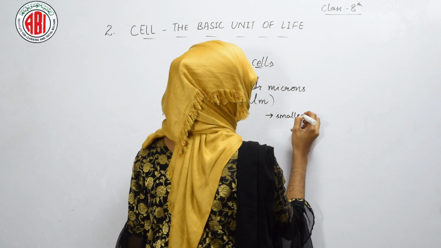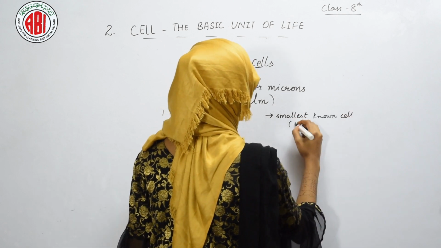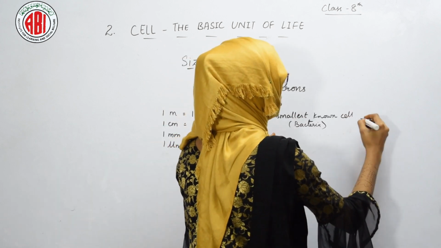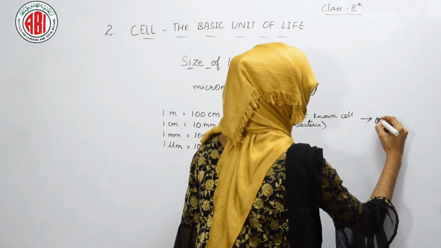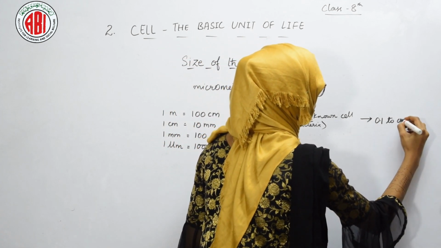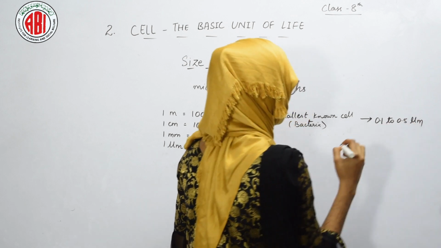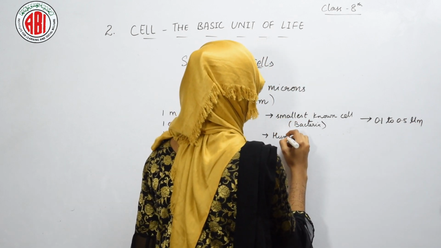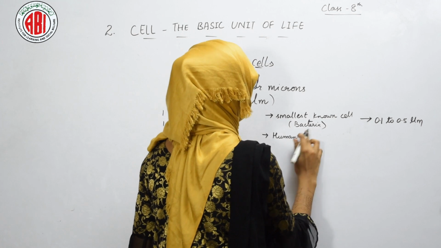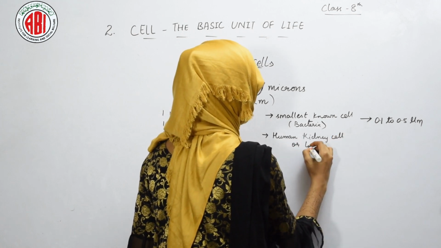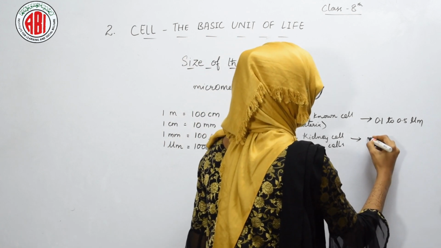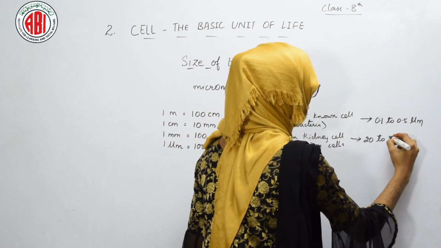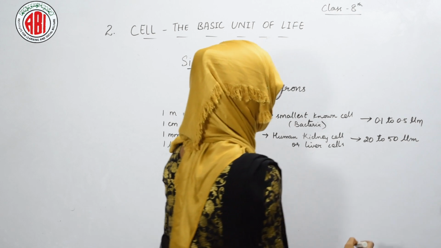Let us see some examples of the cells. The smallest known cell is the bacteria, and the size of bacteria is 0.1 to 0.5 micrometers. When we see the size of the human kidney cells or the liver cells, the size of these cells is measured as 20 to 50 micrometers.